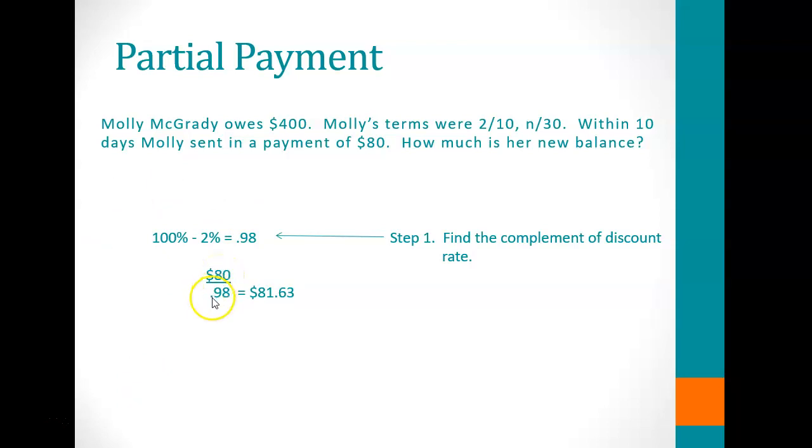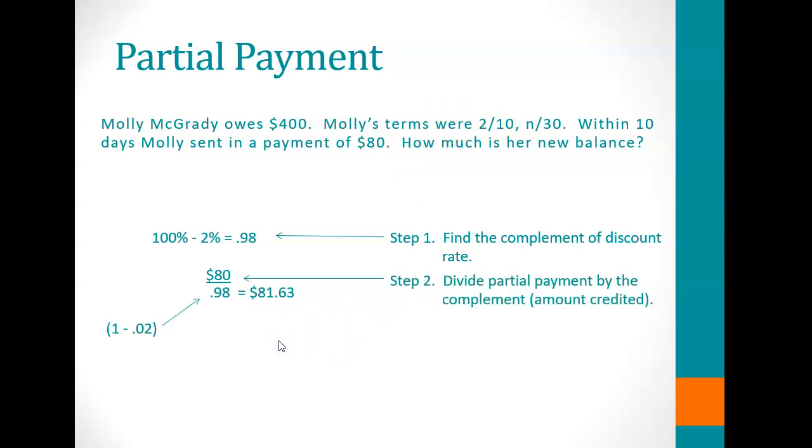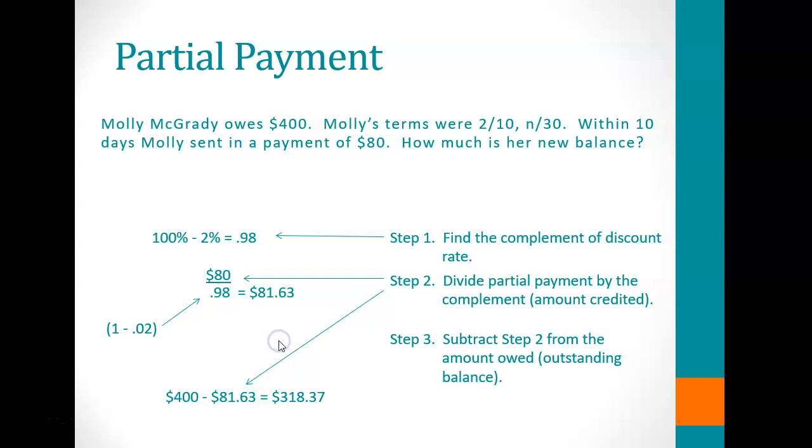Divide that by the complement as a discount rate of 0.98, and that would give us $81.63. So because we paid the $80 within the discount period, in essence, we're going to get a small discount in the amount of $1.63.